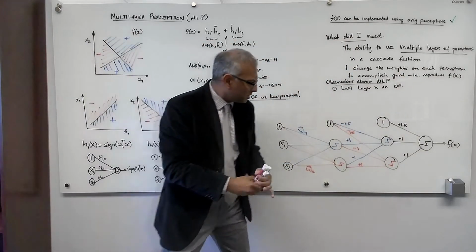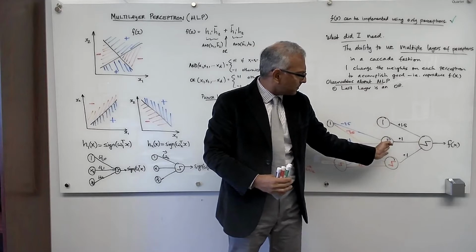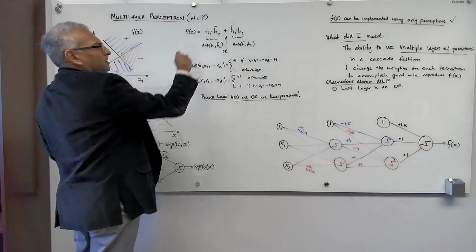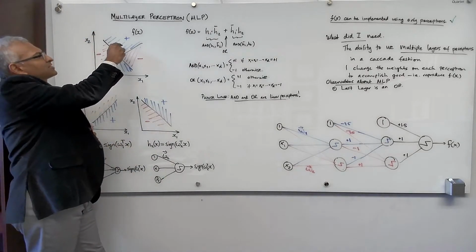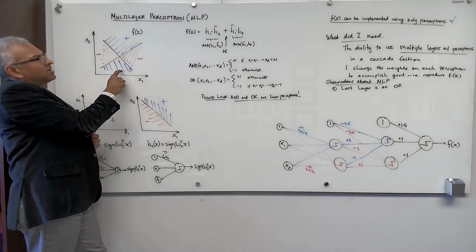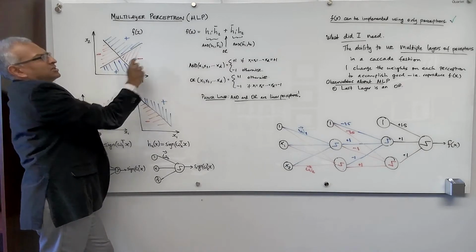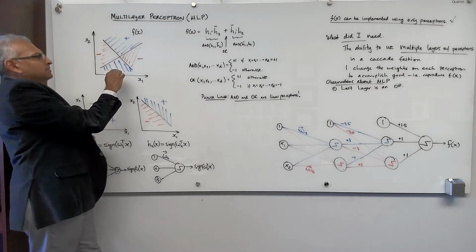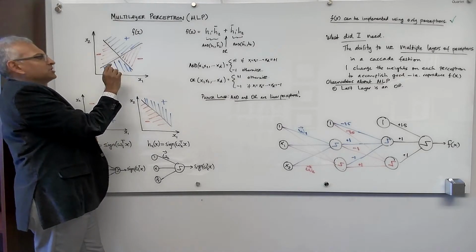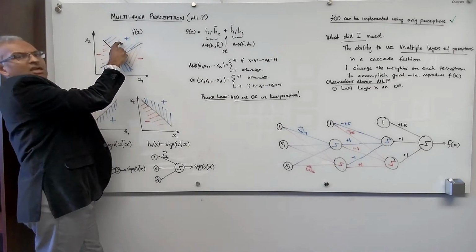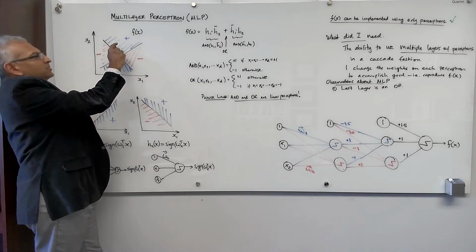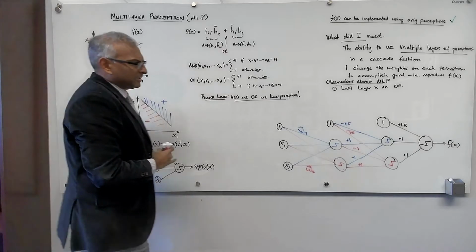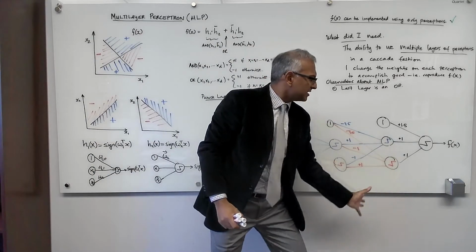It's taking an OR of the representation of each plus region in my function. Here, in this plus region, it's H1 and H2 bar: H1 is positive, H2 is negative. Here, H1 is negative, H2 is positive. So each of these plus regions comes in as a separate input, and then I take an OR.